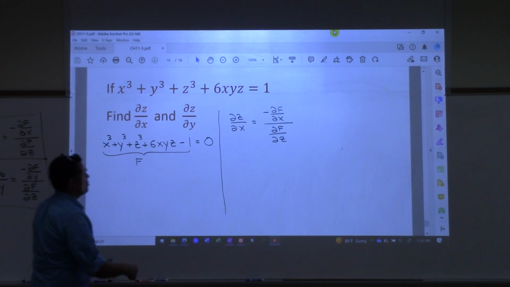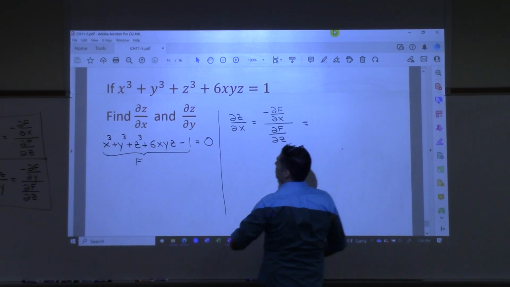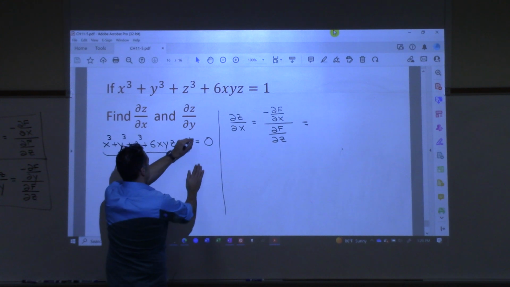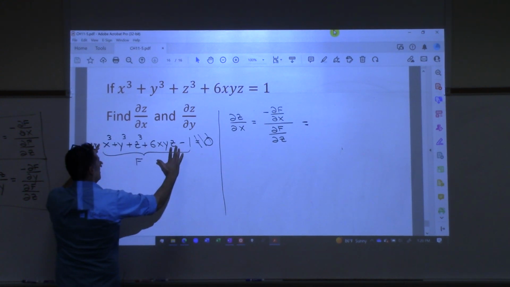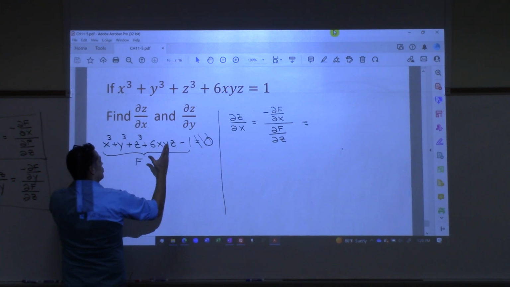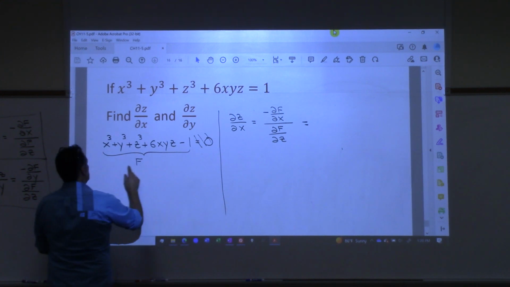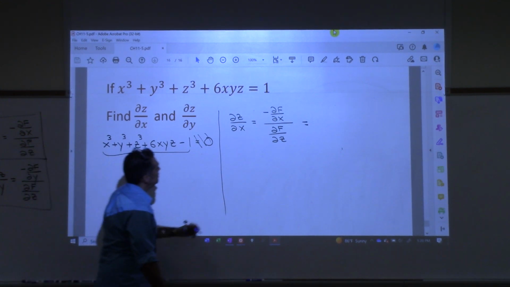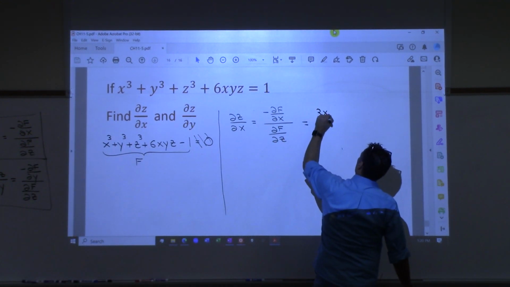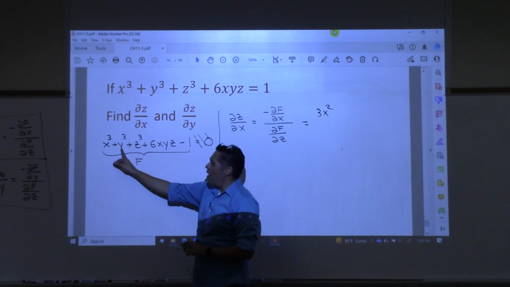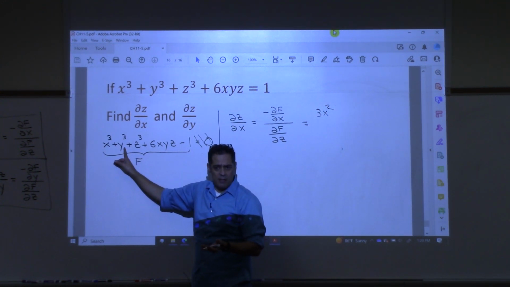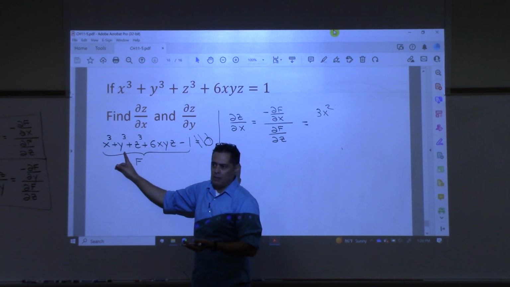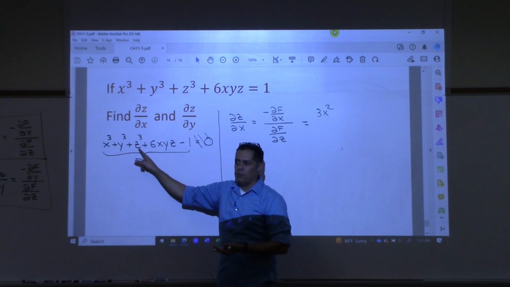So let's try that. Look at this right here. Just ignore the 0 because we're looking at this as a function. Let's talk about what the partial of this is with respect to x, treating y and z like constants. The derivative of x cubed would just be your traditional 3x squared. The derivative of y cubed would be 0 because y is a constant, so a constant cubed is still a constant. The derivative of z cubed would also be 0 because we're treating z like a constant.